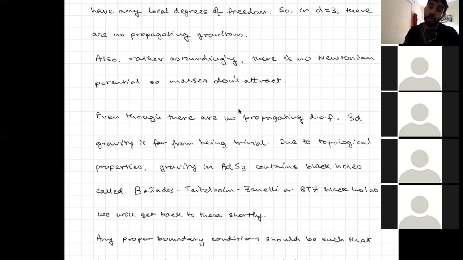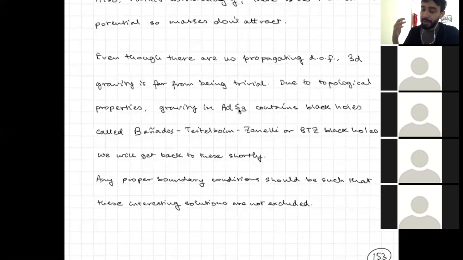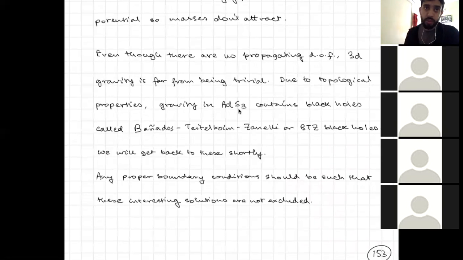So if you were to think of some boundary condition, it better be that these particular boundary conditions are such that we do not exclude these guys. Okay, so the interesting solutions in phase space should not be excluded by our boundary conditions.